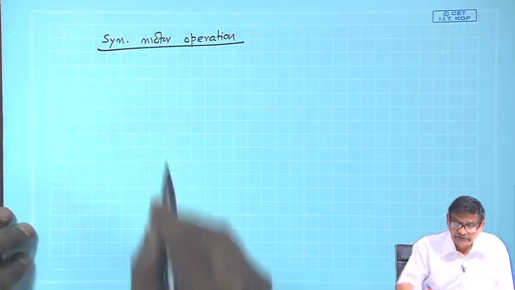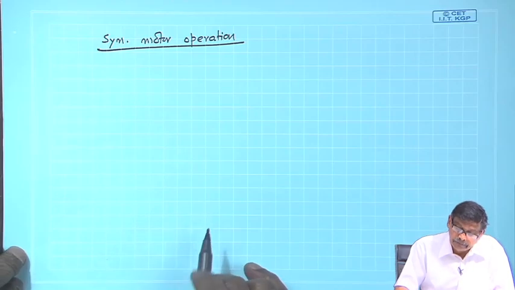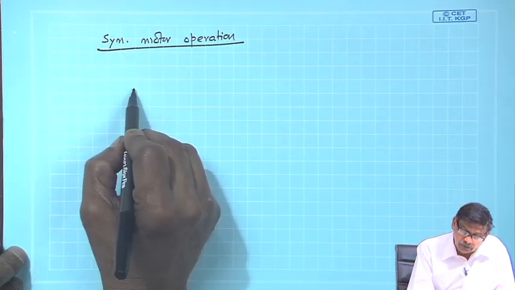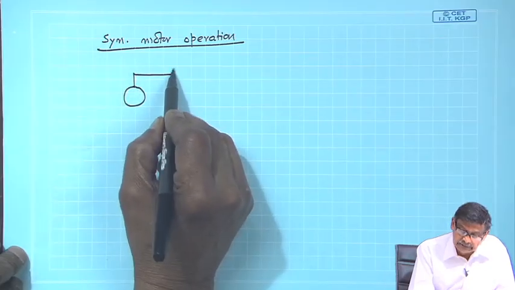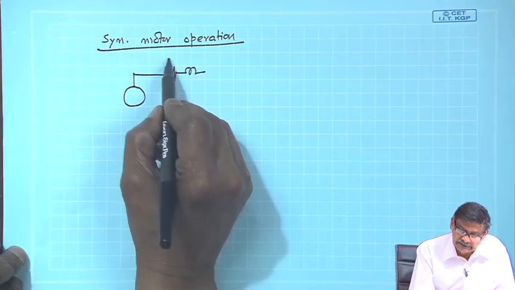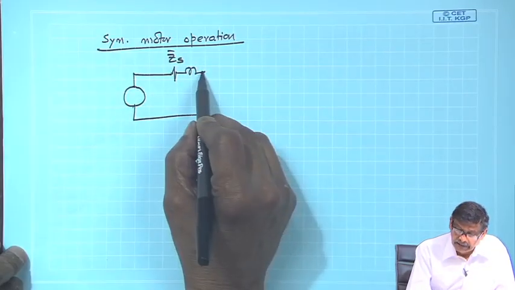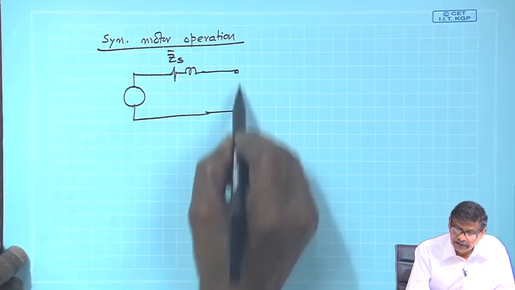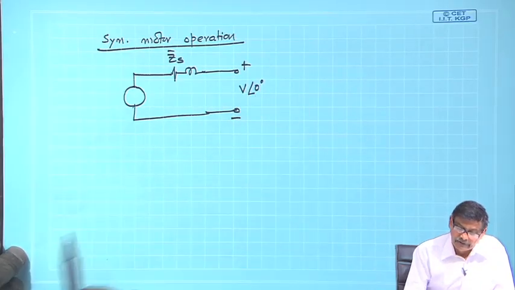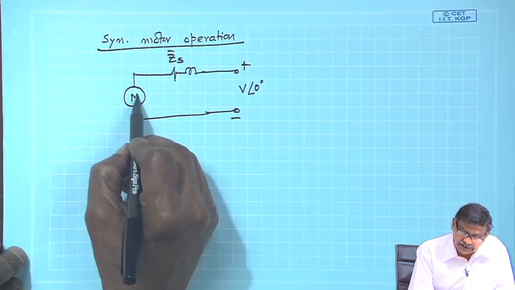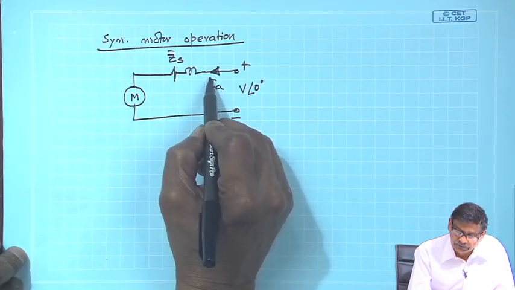Okay, we will first draw the Phasor diagram and try to find out the expression of the torque. In case of synchronous motor operation, I will draw like this. The impedance is Z s as usual, and here it is bus voltage V, which is at angle 0 degrees, and since it is operating as a motor, I will show that it is drawing power from the source.